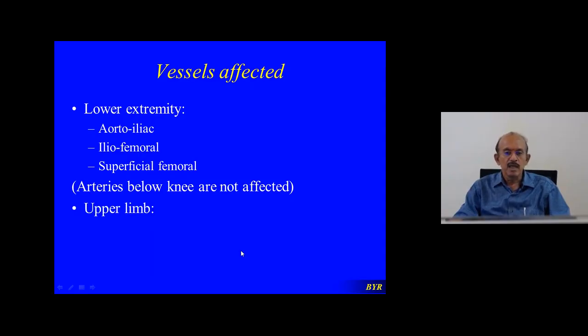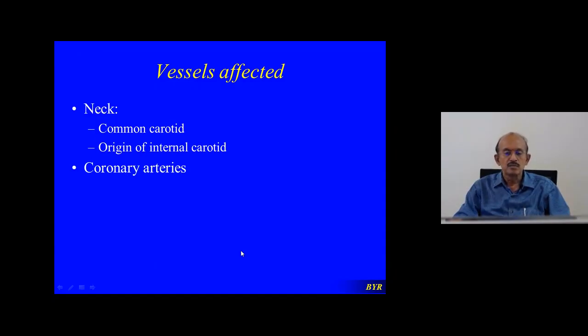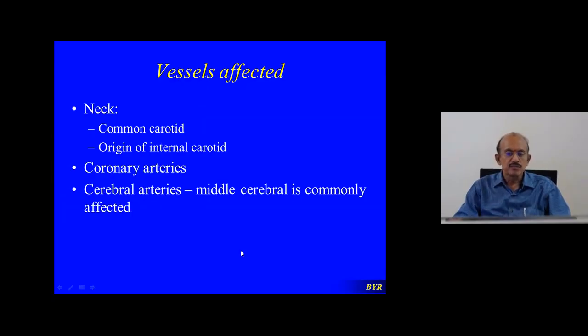Then in the upper limb, the subclavian vessel. In the neck, the common carotid artery and the origin of the internal carotid artery. Then the coronary arteries, cerebral arteries, where the middle cerebral is commonly affected, renal arteries, and mesenteric arteries. So these are the structures that are affected.